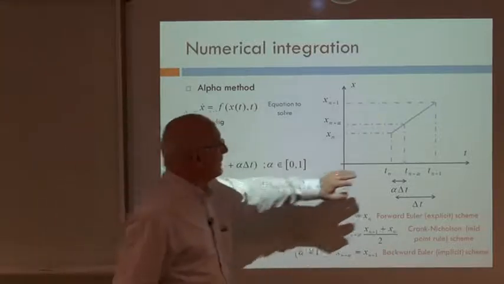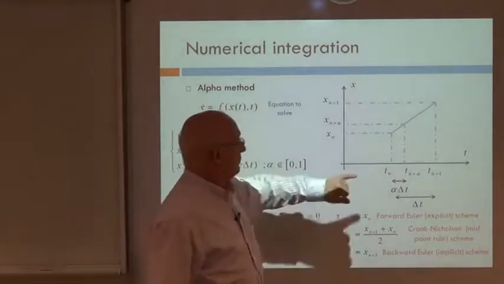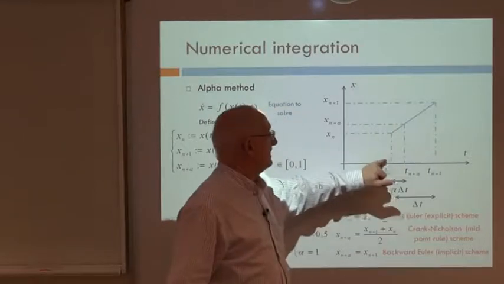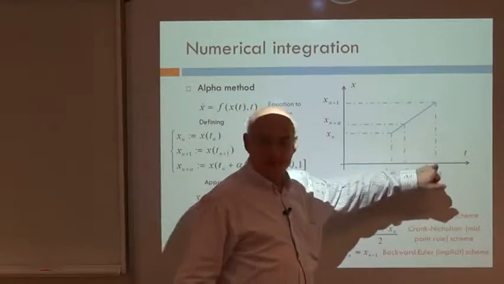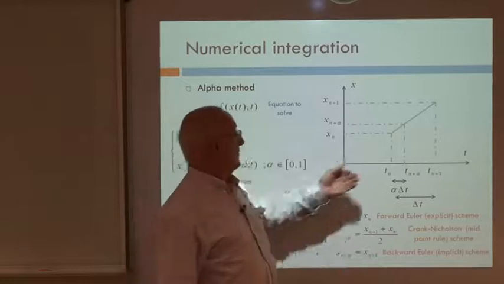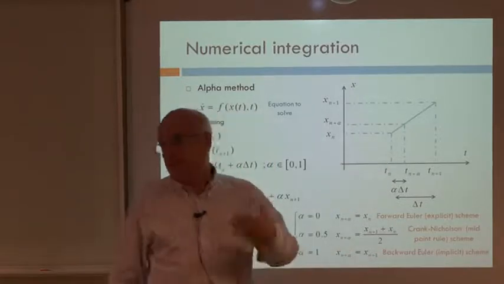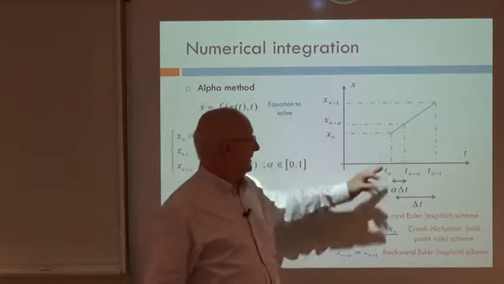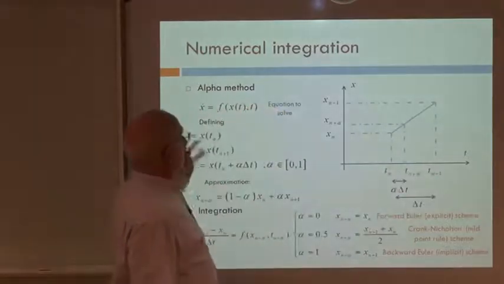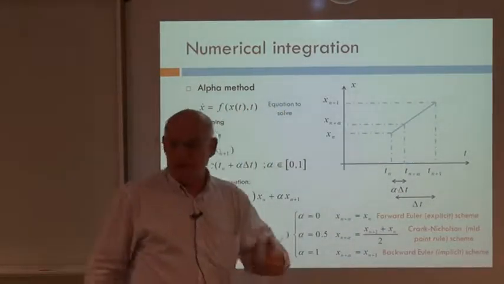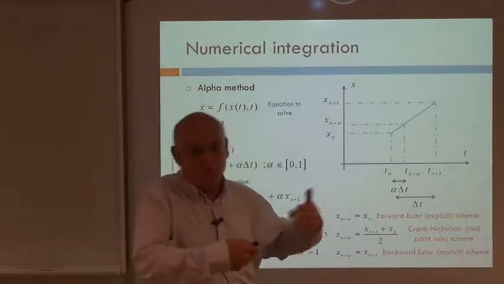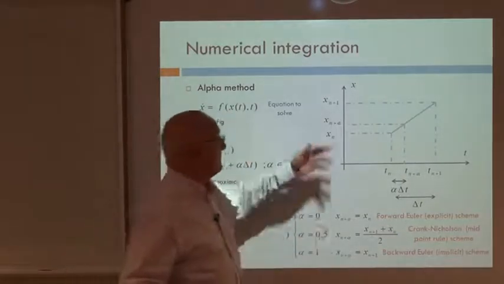Let's consider the current time step. So we are at the time step t_n+1. At t_n, we know everything we need. And at t_n+1, we just know some of the information that we need for integration, but part of the information is unknown.